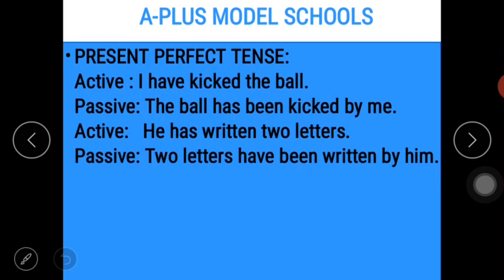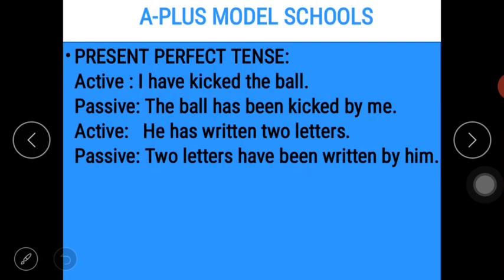Okay. The present perfect tense. I have kicked the ball is a present perfect tense. I am expected to kick the ball, and I have. I have kicked the ball. The ball has been kicked by me.